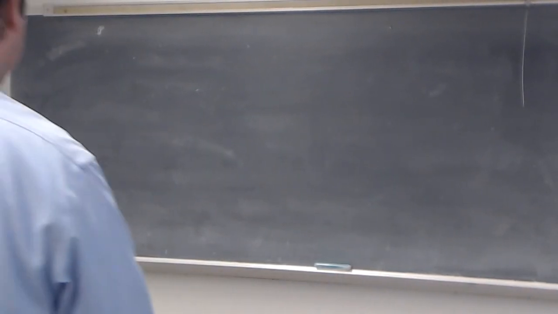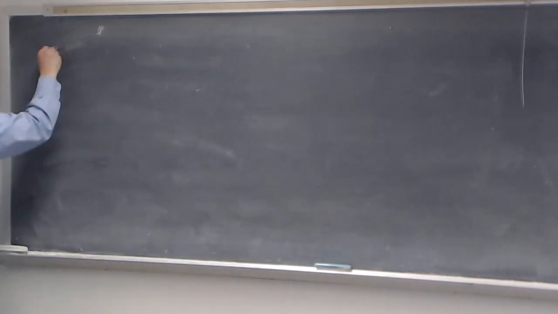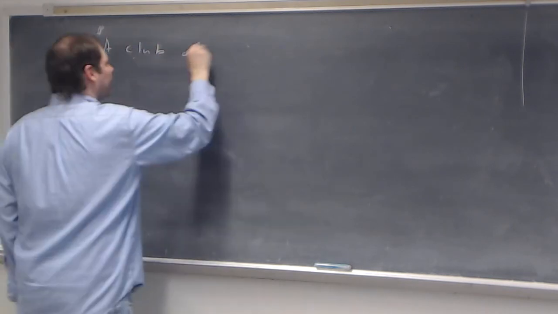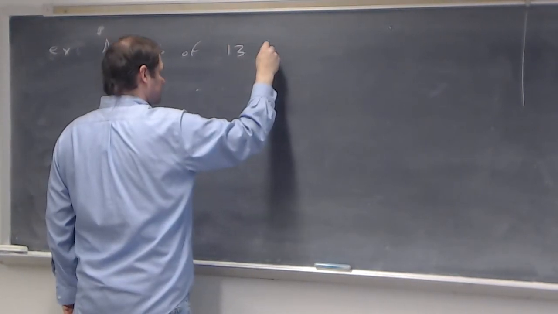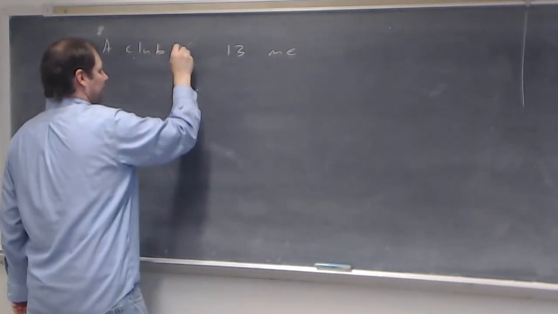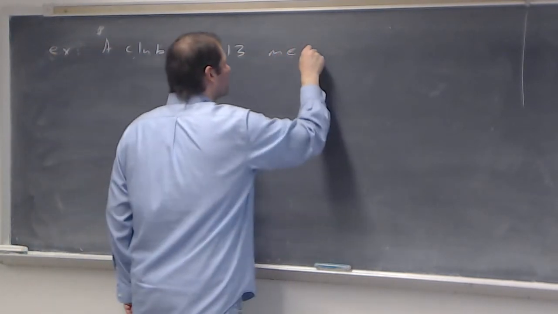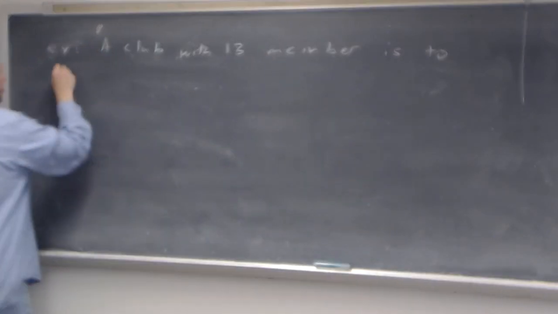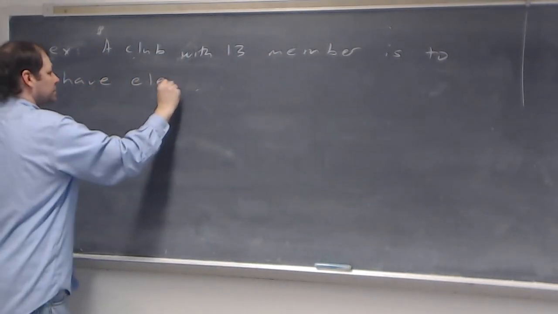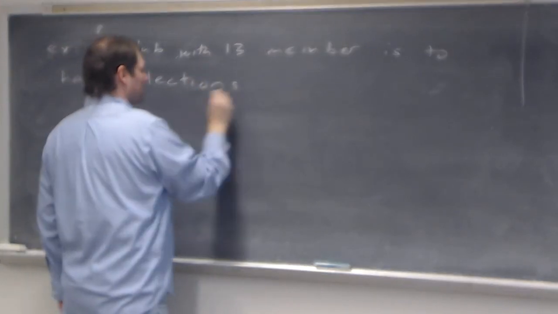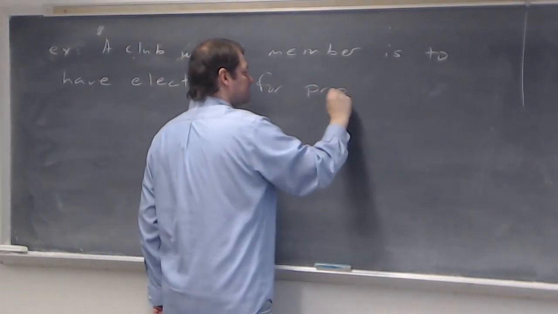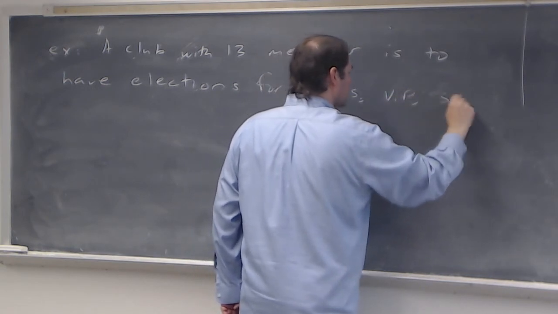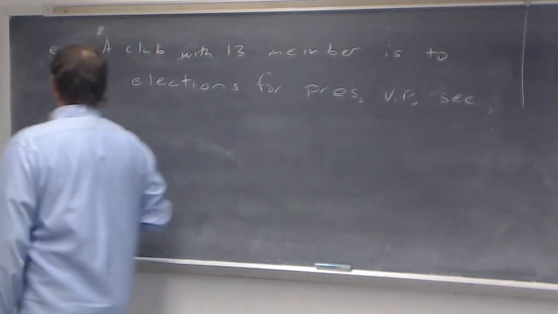So, as an example, let's say a club with 13 members is to have elections for president, vice president, secretary, and treasurer.